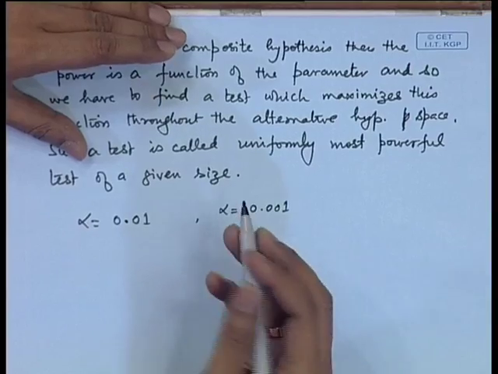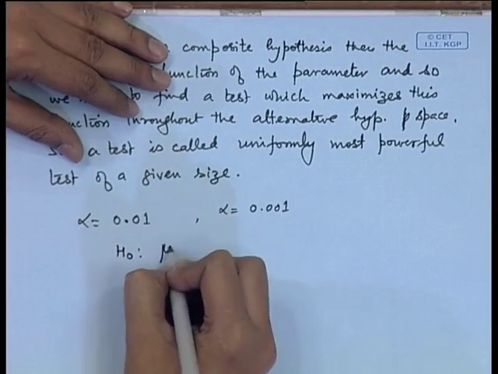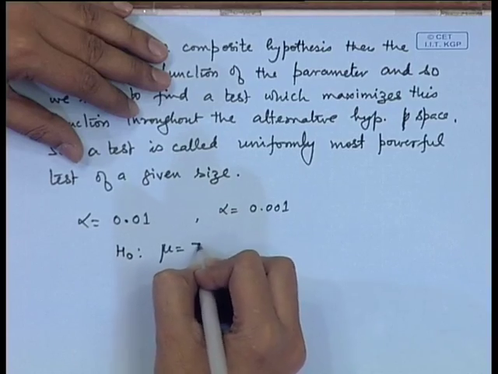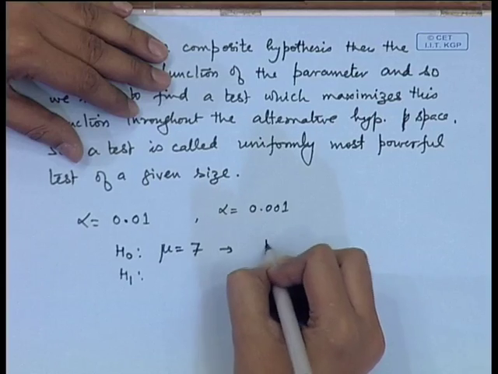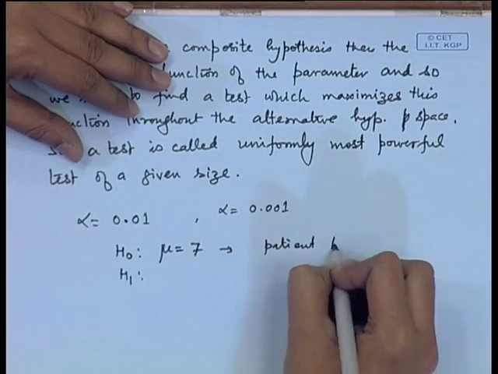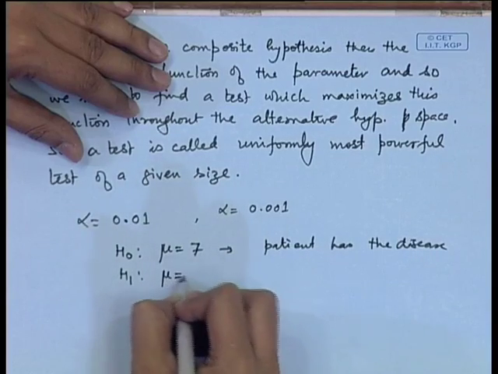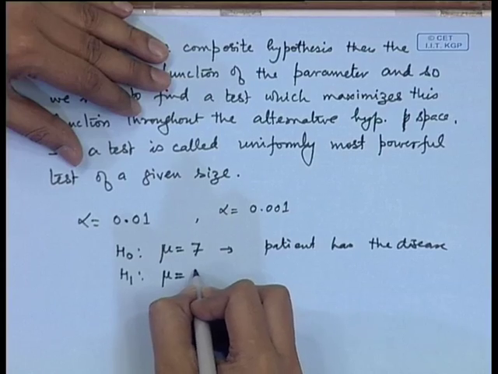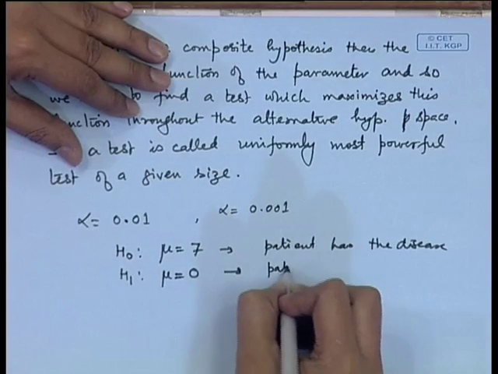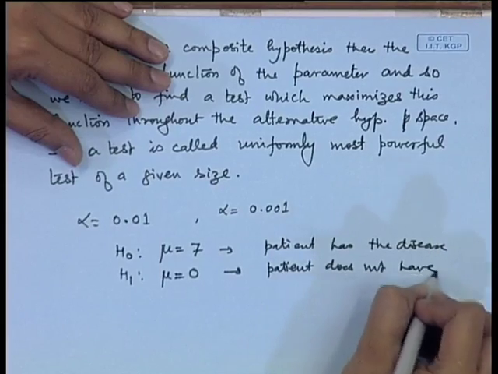For example, we may conclude that there is a particular kind of test, and it may give the value say mu is equal to 7, then the patient has the disease, and mu is equal to 0, then the patient does not have the disease.